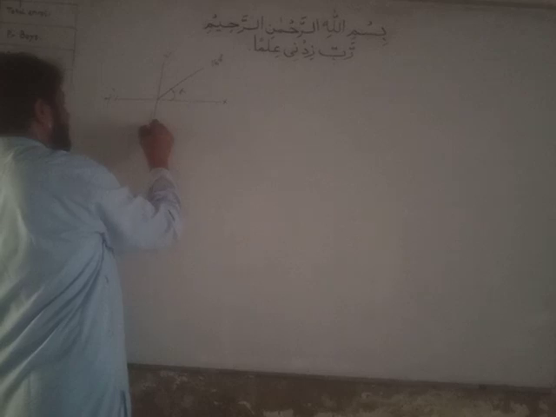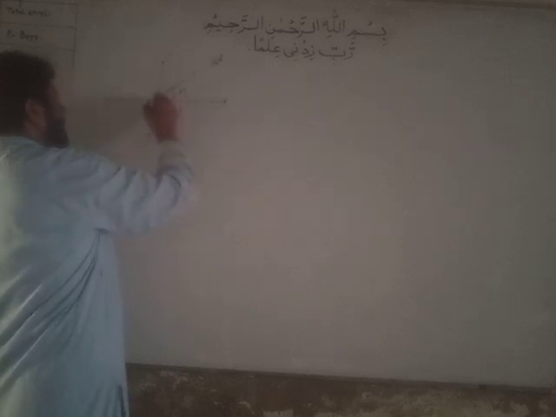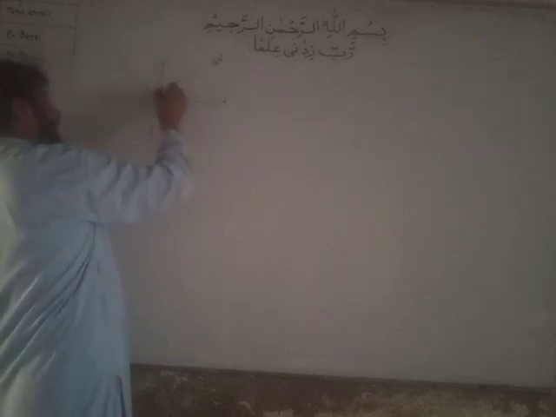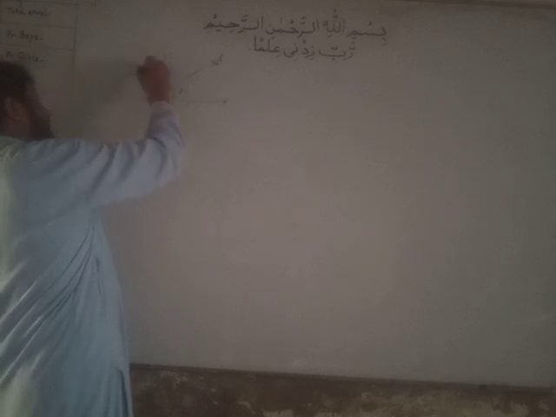And when the slope angle is here, this is beta. In the second quadrant, the tangent ratio is negative.